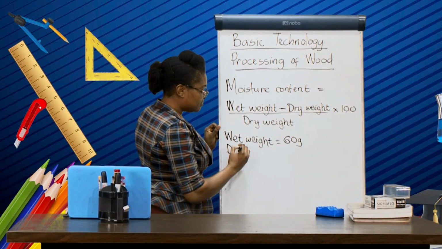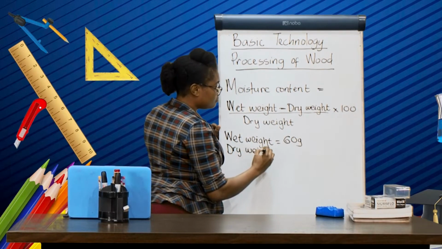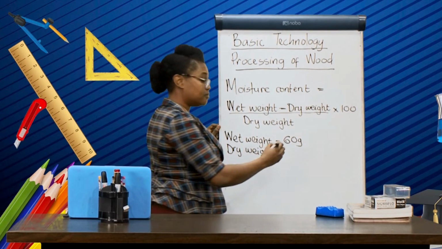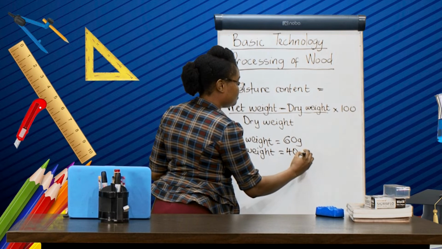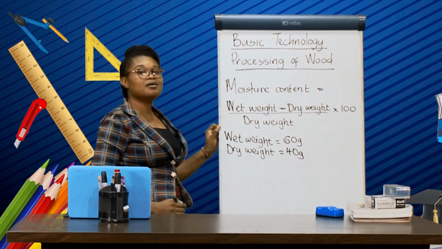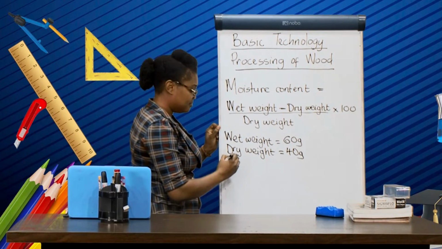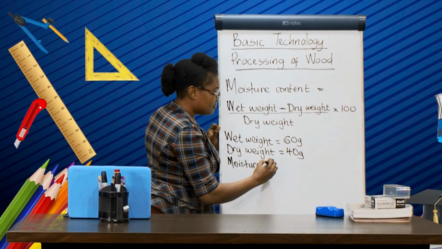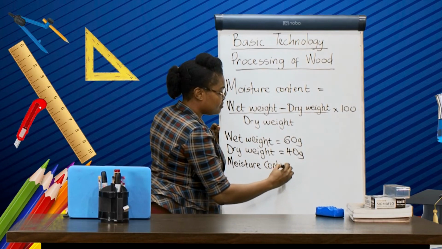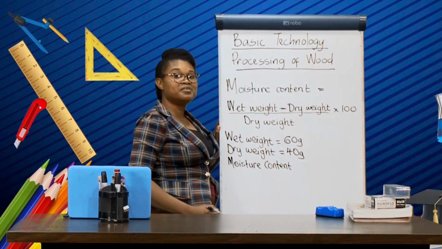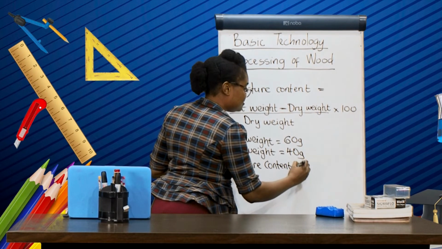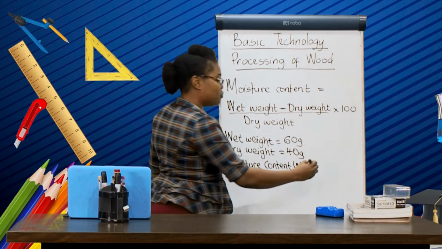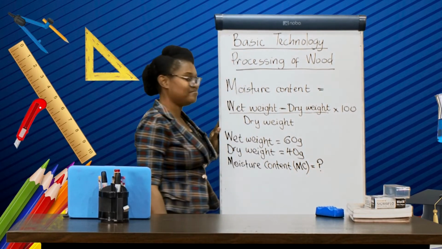Then the dry weight is 40 grams. Now, the moisture content, which I would like to represent with MC, is unknown. So we put a question mark there.